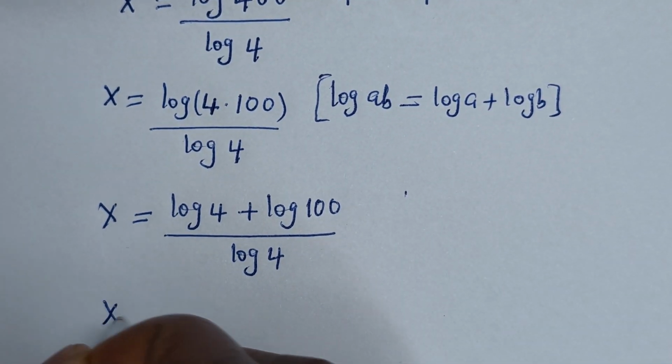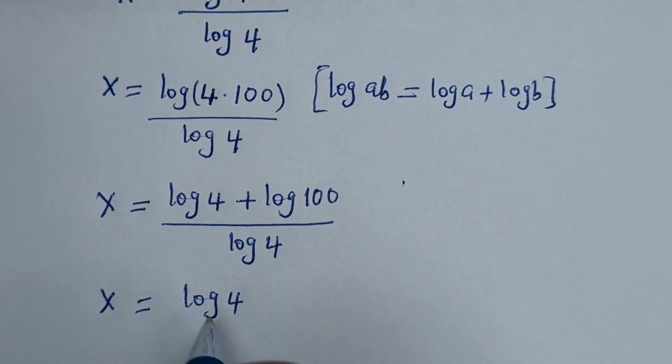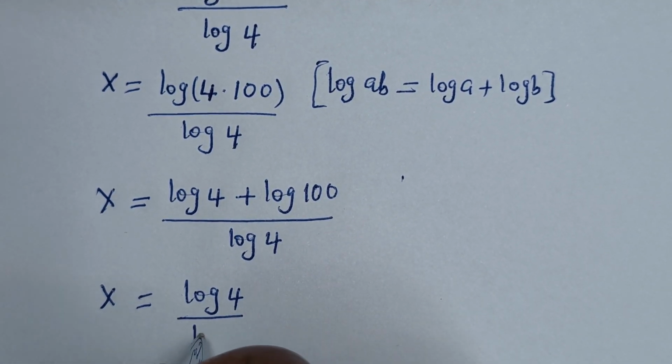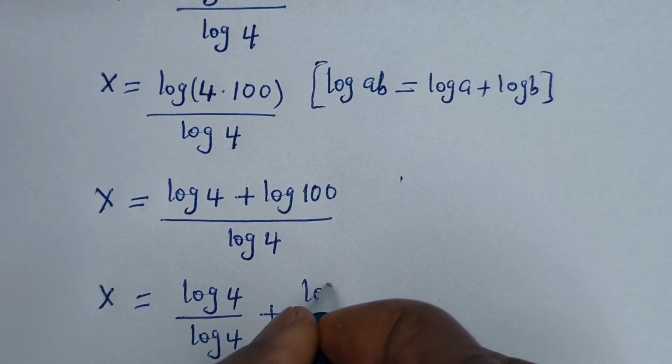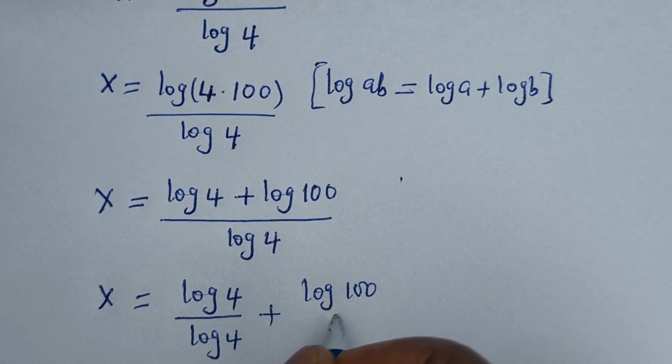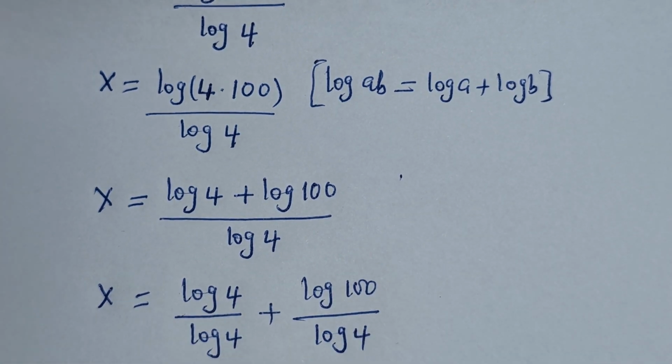Then x is equal to log 4 over log 4 plus log 100 over log 4.